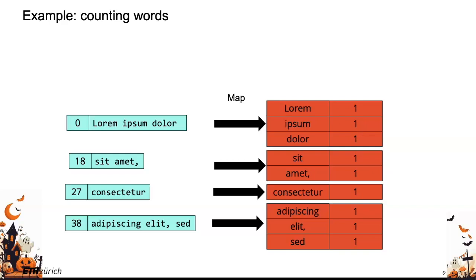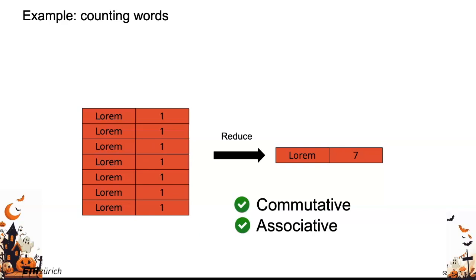Now sum is associative and commutative, and the key value types are the same in the intermediate and output key value pairs, because it's always a string as a key and a number as a value. So I'm checking all of the boxes. So it means that I can use that sum function that I'm using to reduce my key value pair. I can suggest to MapReduce that it could use it as a combine function.